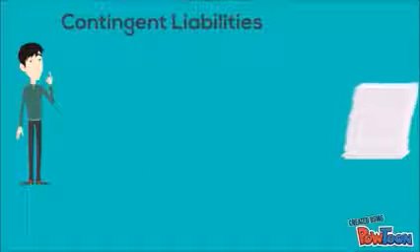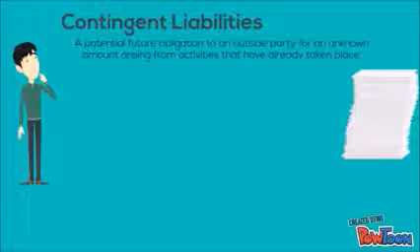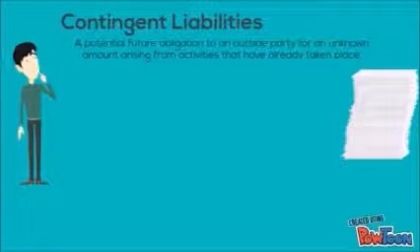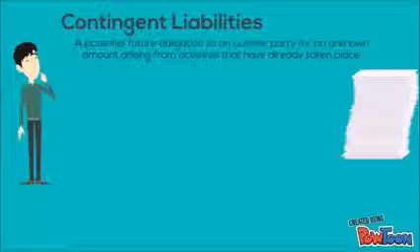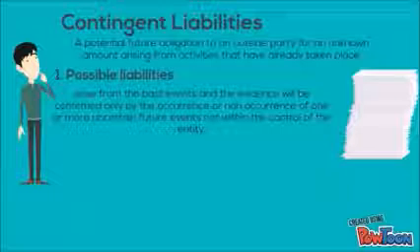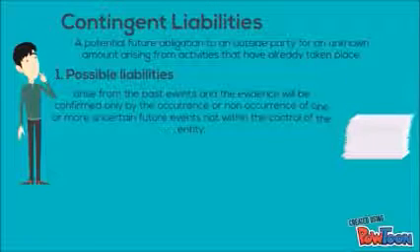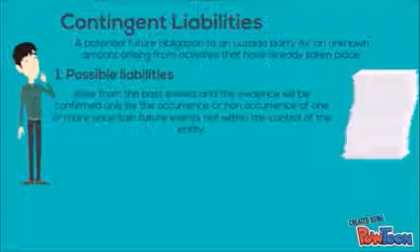Contingent liabilities. The definition is a potential future obligation to an outside party for an unknown amount arising from activities that have already taken place. There are two types of liabilities. First, a possible liability that arises from past events, whose existence will be confirmed only by the occurrence or non-occurrence of one or more uncertain future events not within the control of the entity.